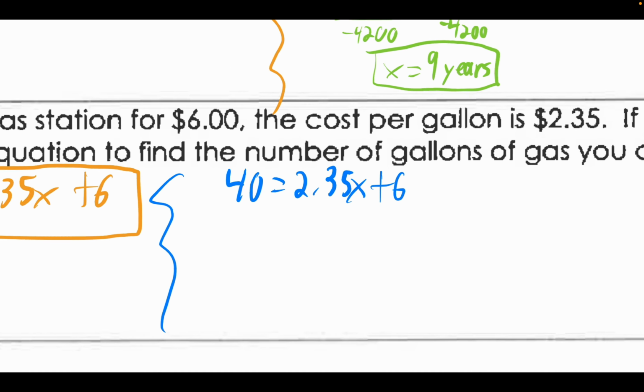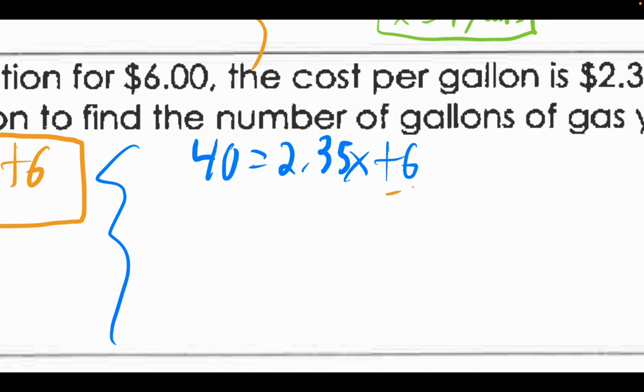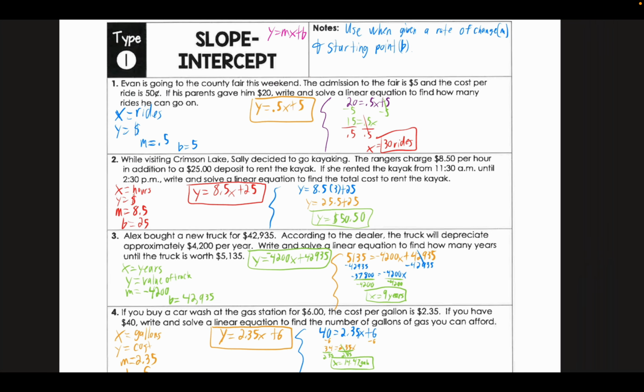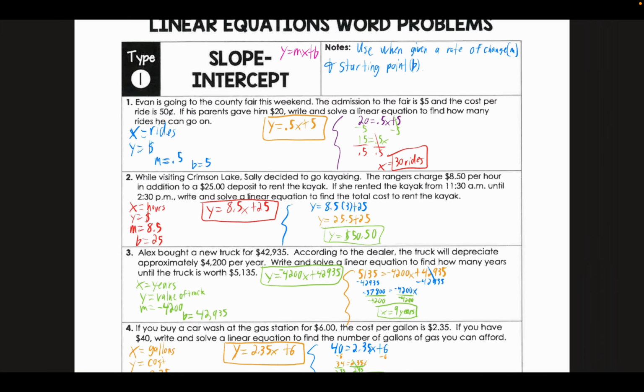And so 40 replaces y, and we start solving by subtracting 6 from each side. And I get 34 equals 2.35x. Now I divide both sides by 2.35, and we get x to be 14.47 gallons. And that would be all of our slope-intercept type of problems.